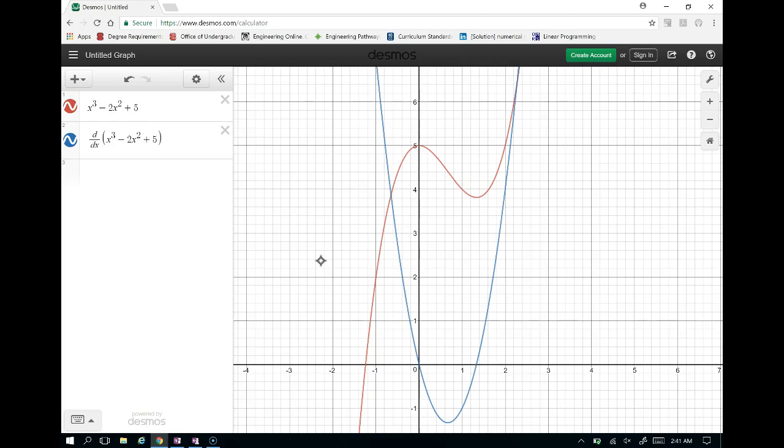And then it also looks like our original function has a horizontal tangent line here. If you follow that down, it is absolutely true. Our derivative function is crossing the x-axis. And then if you look and see what's happening in between those zeros, slopes are positive in the left section. So this blue graph is above the x-axis. Slopes are negative in the middle section.